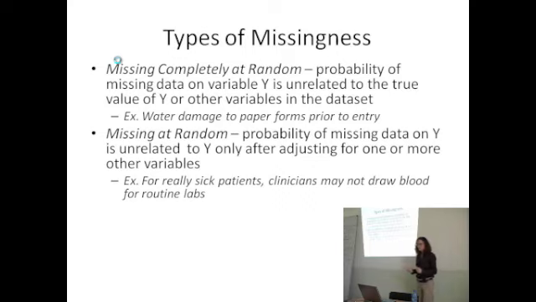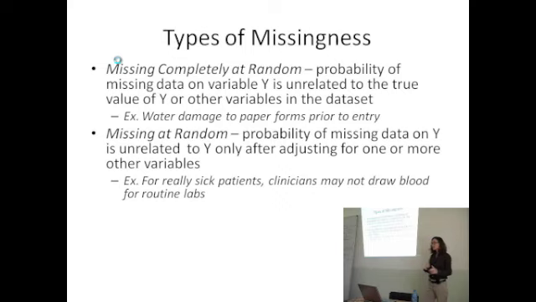Okay, so for example, sometimes if a patient is really sick, a clinician may not draw blood for routine labs or for study-specific labs because the patient is just too sick to give blood that day. So the lab results that you would have gotten from that patient that day are dependent on the fact that the patient was so sick that the clinician couldn't draw the blood. Okay?